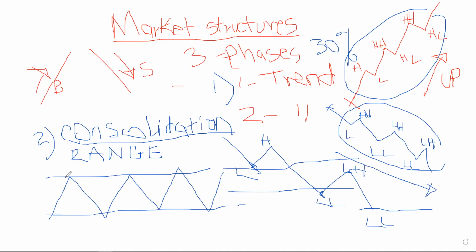So the fact that it's going between 2 points, basically point X and Y, this is called ranging or consolidation. So the market spends about another 30%, 30 or 40% actually. Well, sometimes even more, almost 60% of the time in ranging.